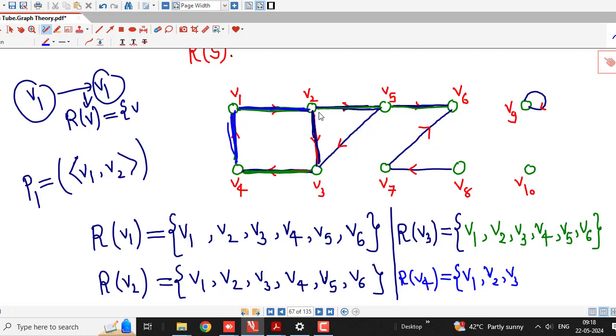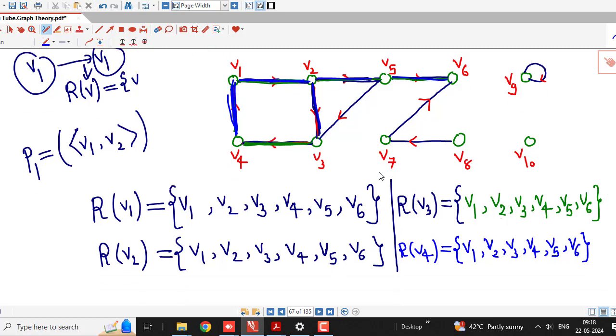If we include these three edges, then we obtain a path from v4 to v3. Then v4 is reachable from itself. For v5 we have to consider this path, that is v5 is also reachable from v4, and similarly v6 is also reachable from v4, and remaining vertices are obviously not reachable from v4.